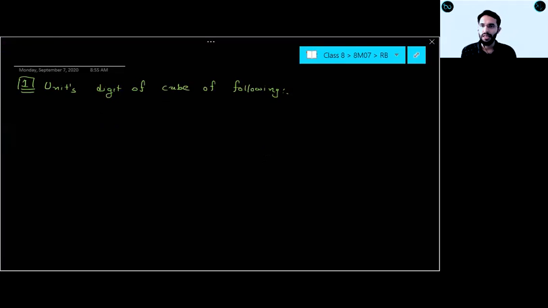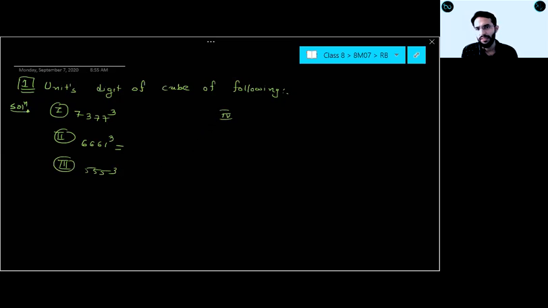There are 6 numbers. I'll show you 3 numbers here. The remaining 3 numbers you can do from home. So the first number is 7377 cube. Second number is 6661 cube. Third number is 555 cube. Fourth number is 12232 cube. Fifth number is 8878 cube. And sixth number is 323 cube.